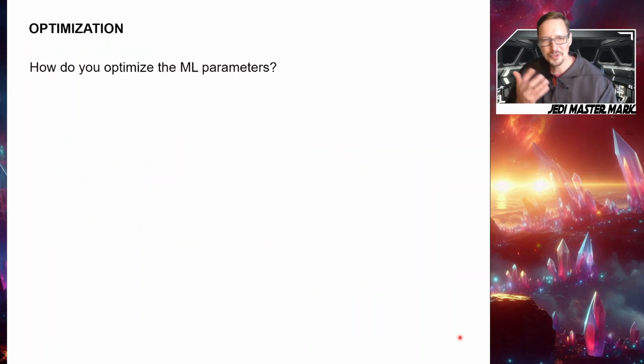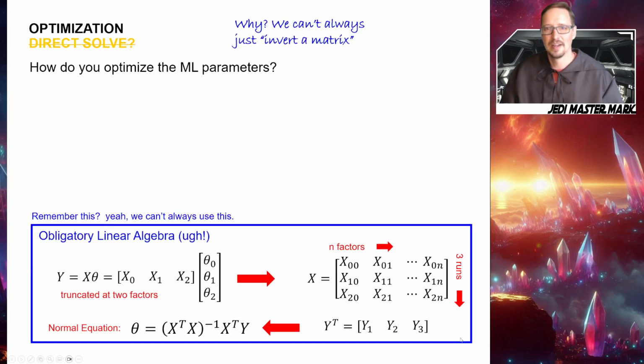So how do you optimize these parameters? How does this all work? I just showed how we can use this formula, this linear algebra, to rearrange these different variables in order to directly solve for that. But you may also notice this -1, this is an inverse of this matrix, after you multiply these two. And you can't always just invert a matrix.